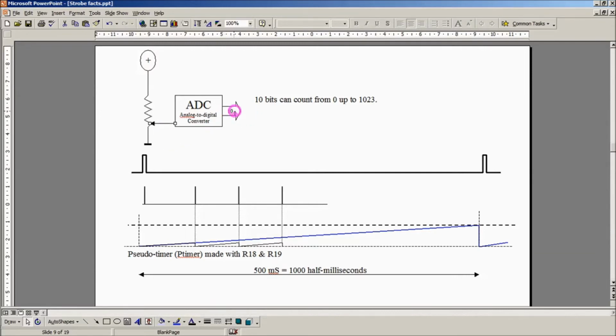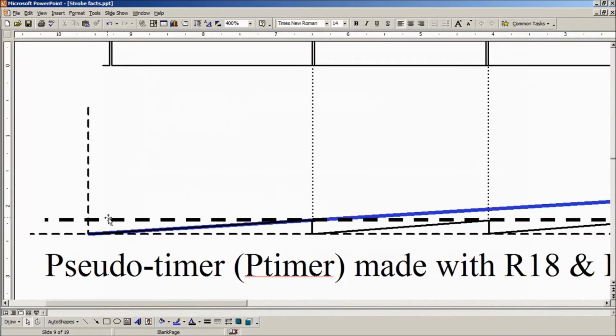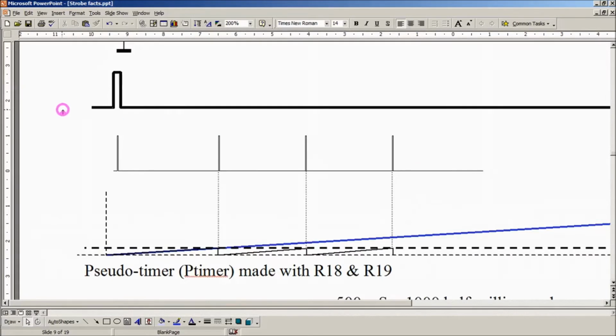And the value that comes out of here is different, so that this line here will be in a different place. And if I set it down there, here's the value from the pot. And now this blue line counts up and it reaches that value at a much faster rate. So now here's our faster rate pulse waveform that we're making, and we've done it by changing the pot so that this line here, this is the value of the pot that was being used before for 500 milliseconds.